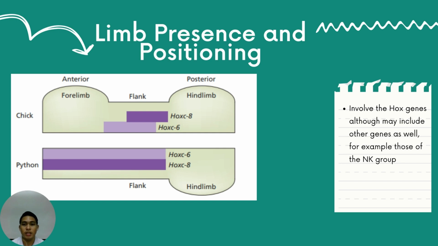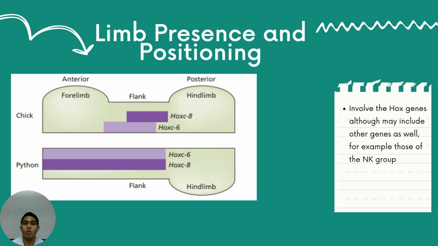The positions of the limbs on the lateral plate must be specified by the antero-posterior patterning system for the whole body. Evidence of a role for Hox genes is provided by the effects of transgenic expression of HOXB8 at a more anterior level than usual in the mouse, which results in the formation of an extra zone of polarizing activity, or ZPA, and duplication of the forelimb.